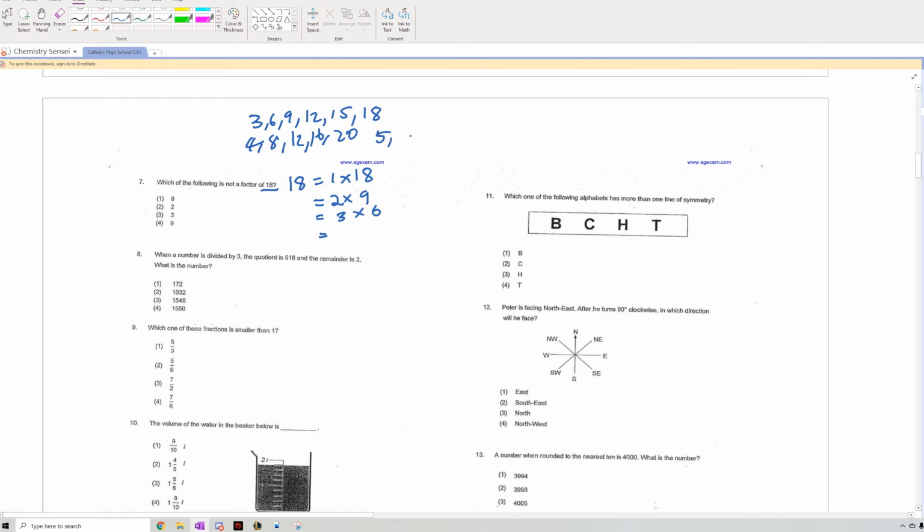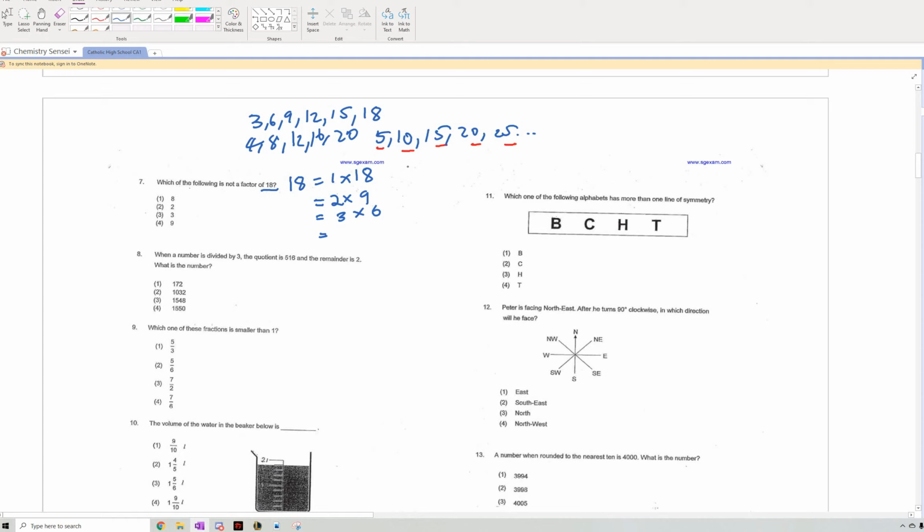So we have 5, 10, 15, 20, 25, so on and so forth. In 5 times table, we can look at the digits in the ones place. We have 5, 0, 5, 0, 5. As the number 18 does not have a 0 or a 5 in its ones place, it does not have a factor of 5.